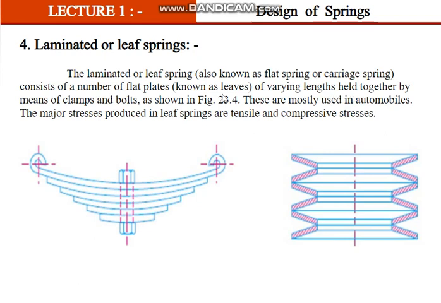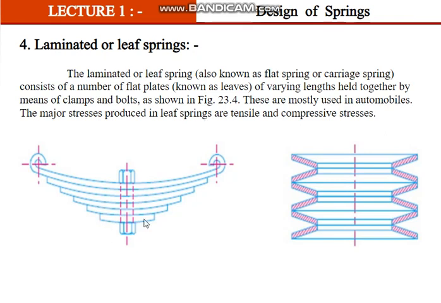They are held by means of clamps and U-bolts. This is a bolt, a U-bolt, in the shape of a U, and there will also be clamps. I will show you some other figure. These are mostly used in automobiles. The major stresses produced in leaf springs are tensile and compressive stresses. When we are designing, we need to know which types of stresses are coming.